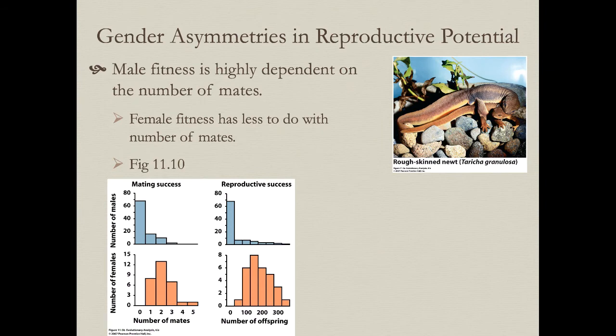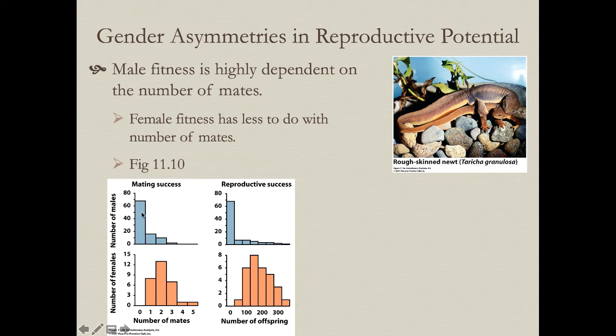Let's give you an example of a species in which we see the different reproductive potentials and the fitnesses of males and females that are using these different tactics. So here we have a rough-skinned newt, and we see that male mating success and the associated reproductive success is typically tied to the number of mates that they have.